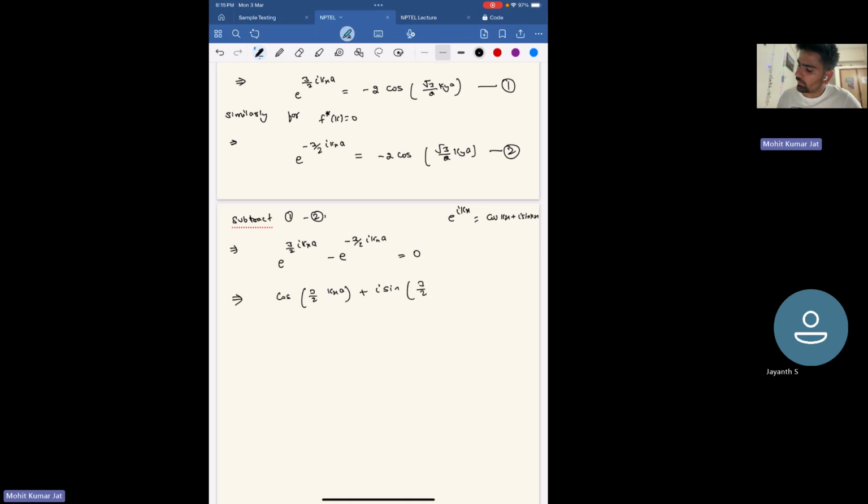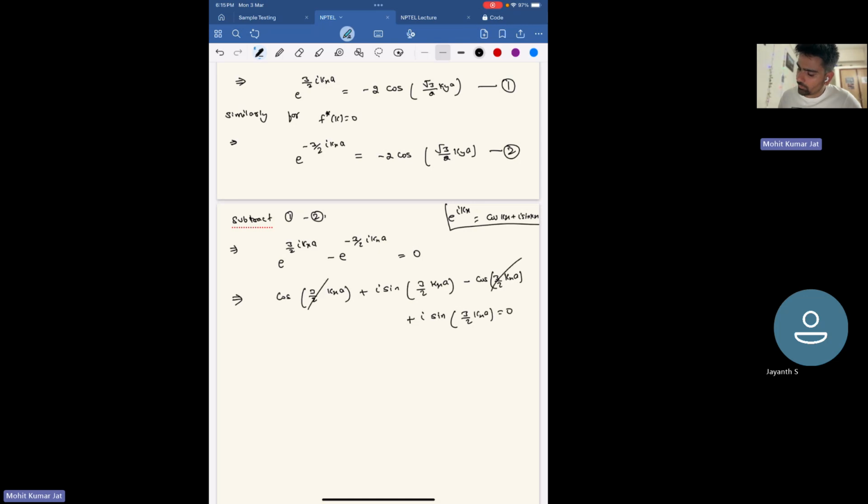This is how e to the power i kx can be written. So let me write these two here: cosine 3 by 2 kx a minus cosine 3 by 2 kx a, and minus i sine 3 by 2 kx a equals 0.